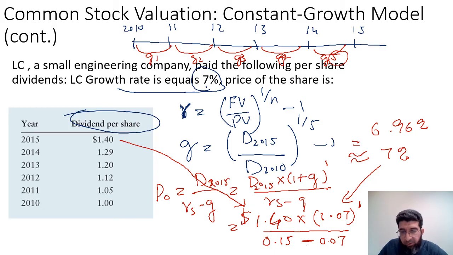It also meets the condition that the required return is greater than the growth rate of the firm, and the answer comes out to be $18.75 per share. That's how we use the Gordon dividend discount model. It's a very important model, and we can calculate a lot of unknowns through this as well. You can see that the same formula I can use and calculate the RS minus G, D naught.